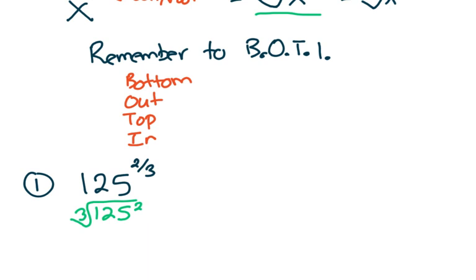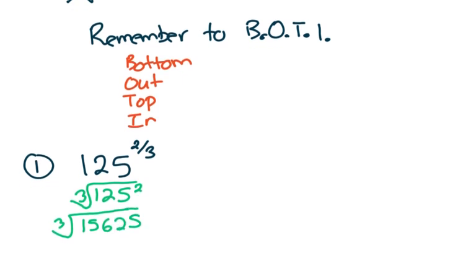Okay, so then we need to square 125. And I don't know that off the top of my head, so I'd have to use a calculator. So I would get the cube root of 15,625. And again, I don't know what the cube root of that number is off the top of my head, so I'd have to use a calculator to figure it out. And I would get 25.